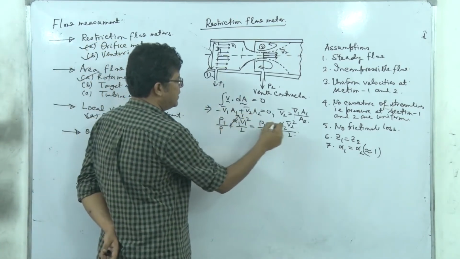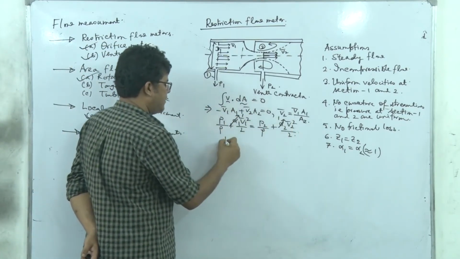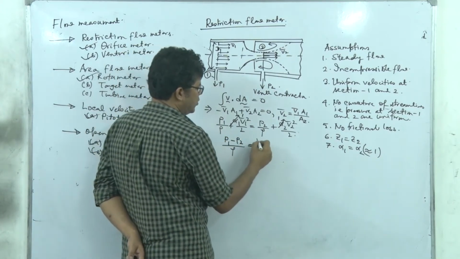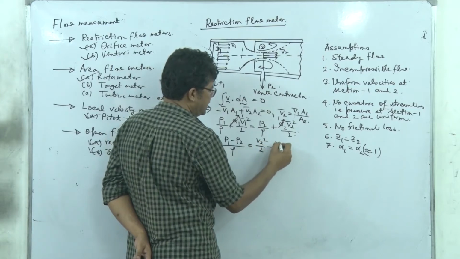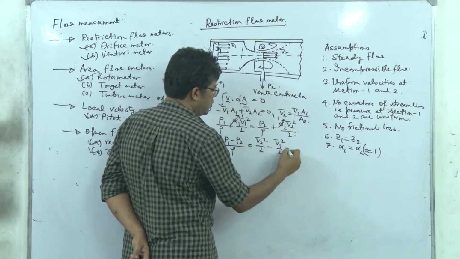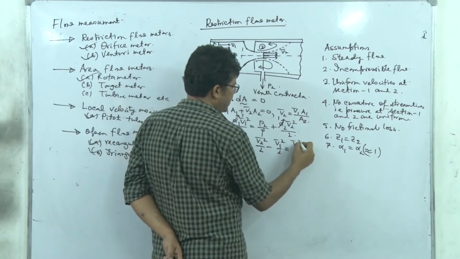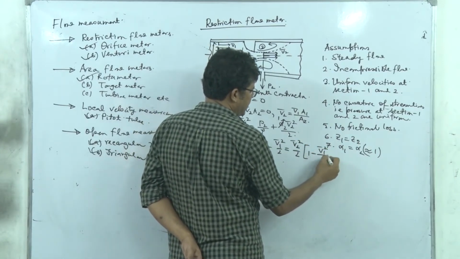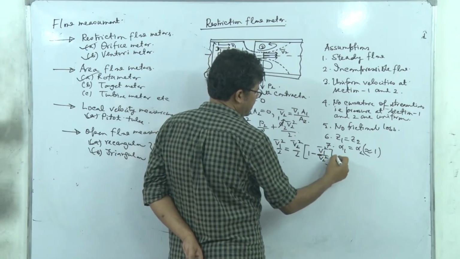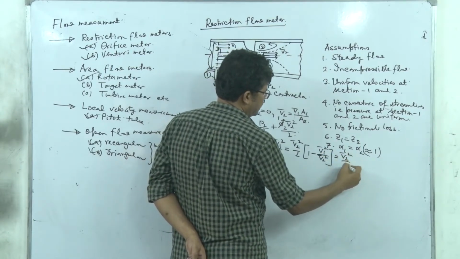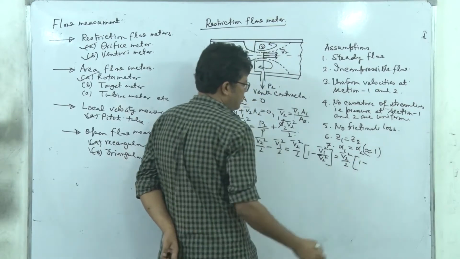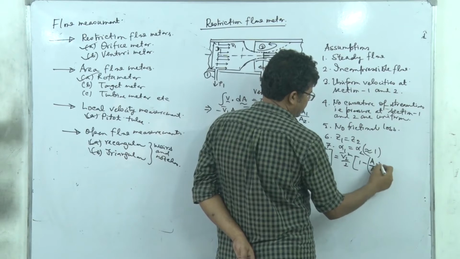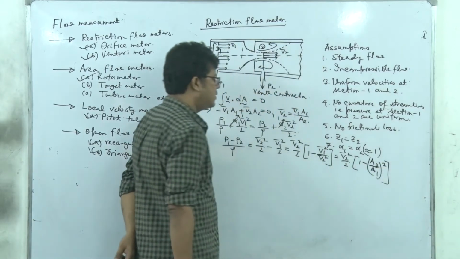Alpha 1 is 1, alpha 2 is 1. So P1 minus P2 divided by rho is equal to V2 square by 2 minus V1 square by 2, which is V2 bar square by 2 times 1 minus V1 bar square divided by V2 bar square, and that's equal to V2 bar square divided by 2 times 1 minus A2 by A1 whole square.